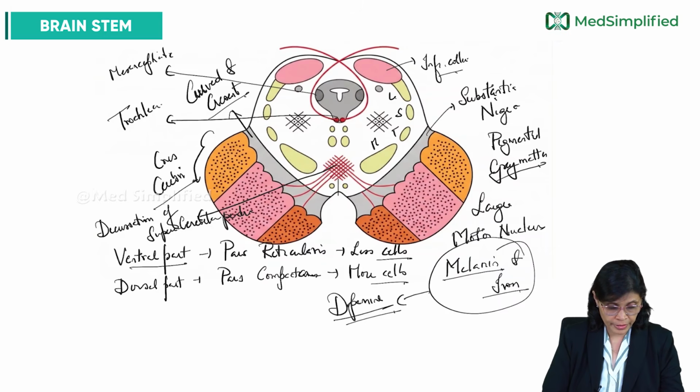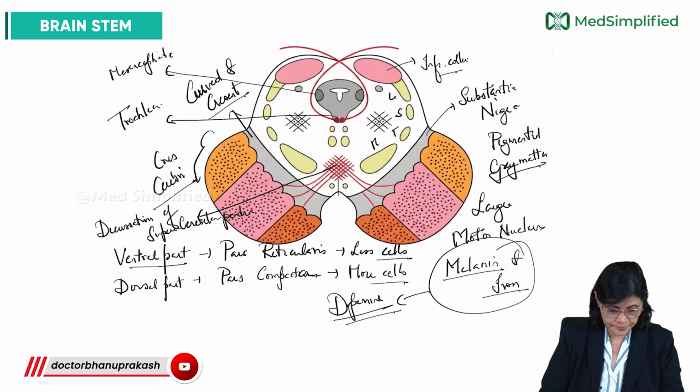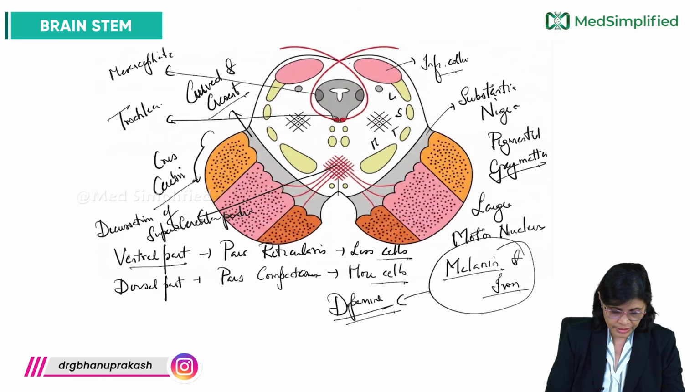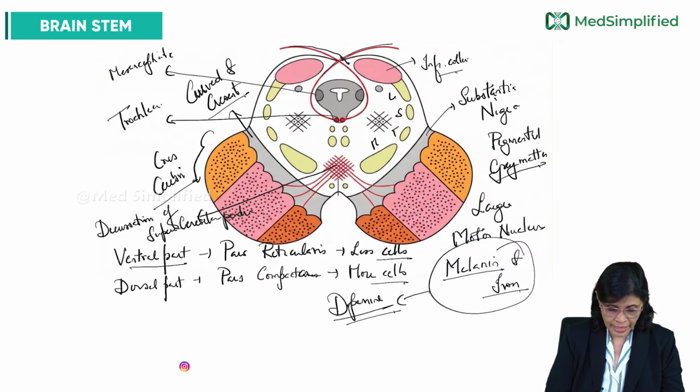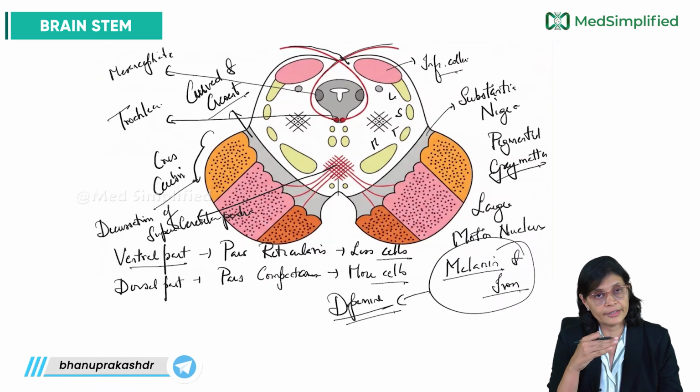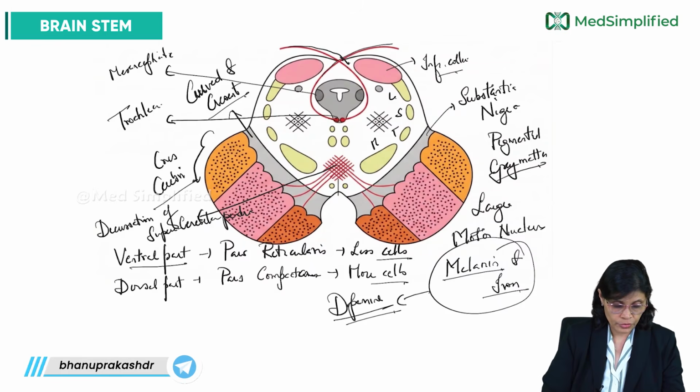Here I would like to mention that the trochlear nerve is situated close to the median plane, and the emerging fibers of the trochlear nerve pass laterally and posterior to the medial longitudinal bundle, and then they decussate here in the superior medullary velum. They wind around the lateral aspect of the midbrain, and then the trochlear nerve passes through the lateral wall of the cavernous sinus. So that is the thing.